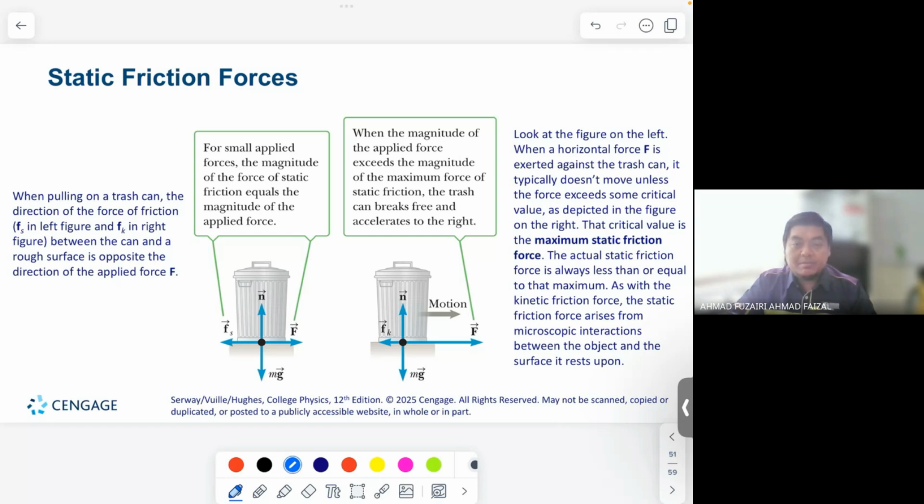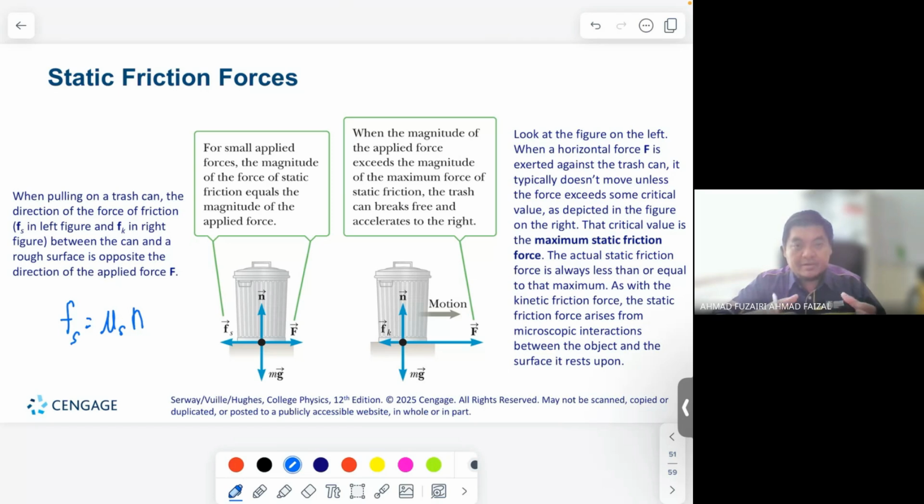Mu s and mu k: the equation that involves static friction is always mu s times the normal force, the same equation as Fk, but this one involves mu s.